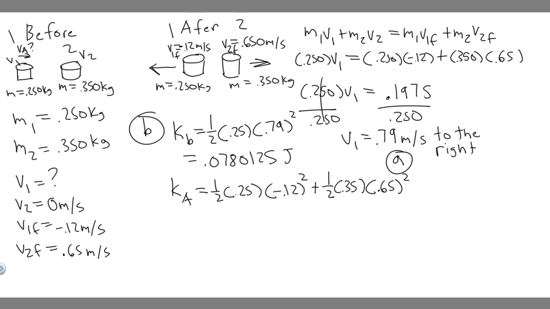So let's just go ahead and plug it in. 0.5 times 0.25 times 0.12 squared, plus 0.5 times 0.35 times 0.65 squared.